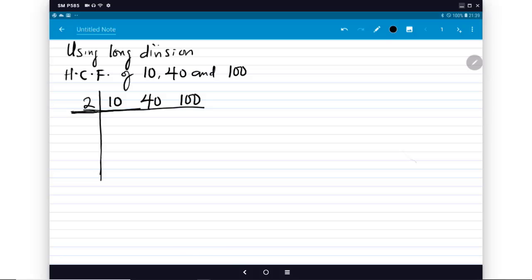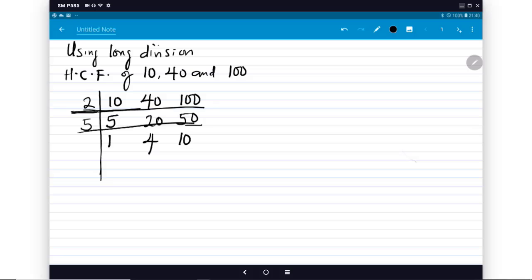But let me say I'm taking it gradually. So starting with 2 in 10 we have 5, 2 in 40 we have 20, and 2 in 100 we have 50. And as you can see here, a number that will go in these three numbers here is 5. And 5 in 5 we have 1, in 20 we have 4, and in 50 we have 10.